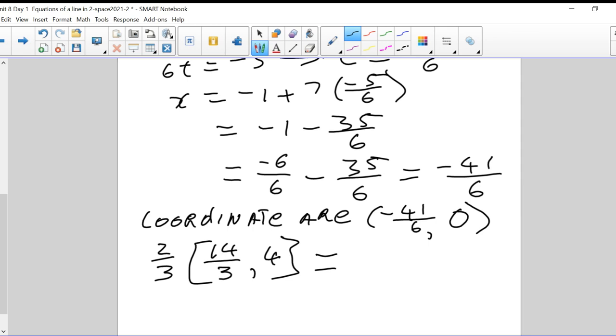Are you sure about 2 over 3 there, Quinn? Is that the right way for us to do this? 2 over 3? 3 over 2? Let's try 3 over 2. We can find out in a second what's an easy way for us to do this. So let's go with 3 over 2.